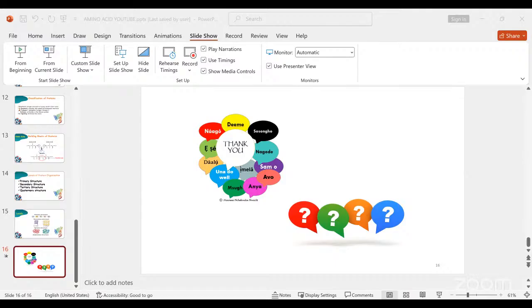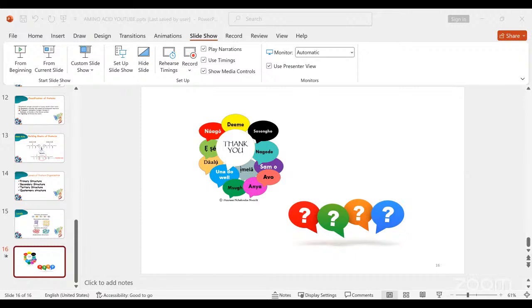That is called a dipeptide. If you have three amino acids joined together by peptide bonds, it is called a tripeptide. If you have four, it is called a tetrapeptide or oligopeptide. If you have 5, 6, 7, 8, 9, 10 up to 50, it becomes a polypeptide, which is a protein.